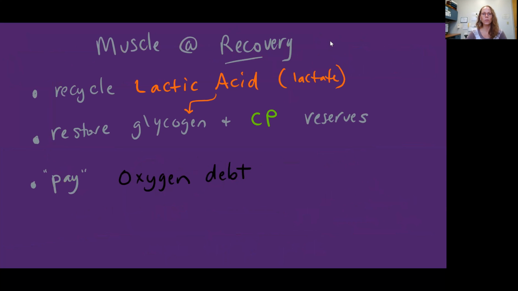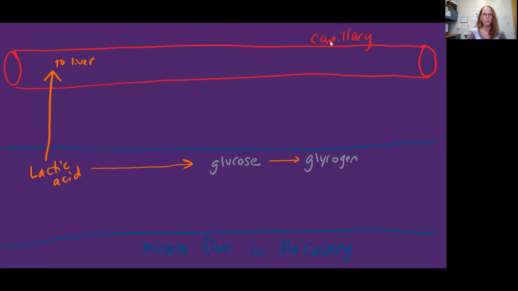Okay. Your muscle has to recover from this peak level of activity. One thing we're going to see happening is the lactic acid is recycled. You have to restore your glycogen and your creatine phosphate reserves, which you can do at rest. And you have to also do what's called paying off your oxygen debt. So let's look at how lactic acid is recycled.